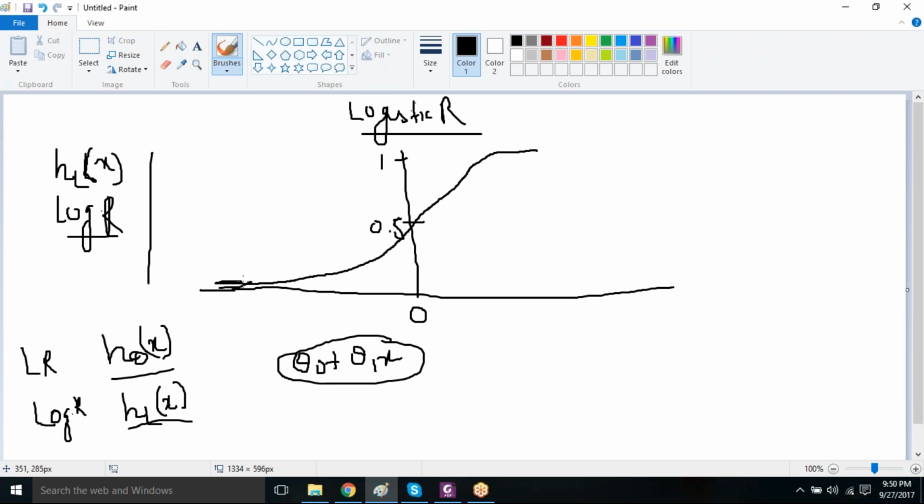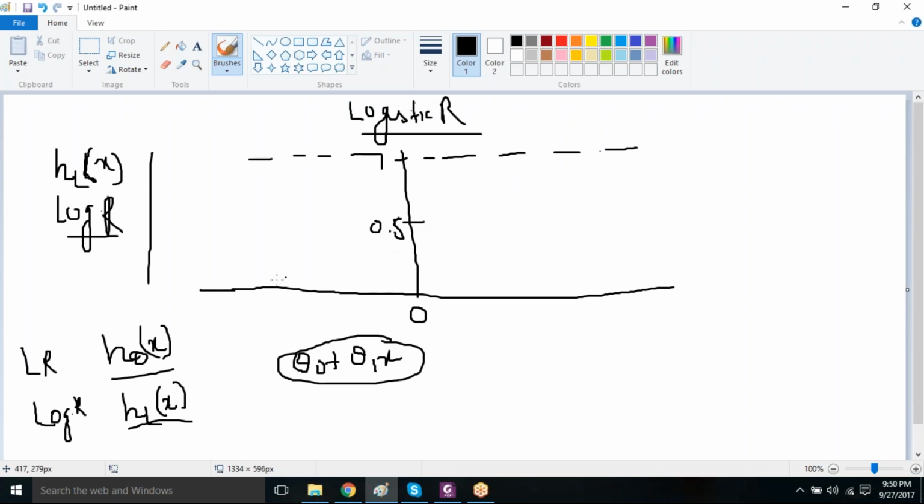Through a function like this. So it will saturate at 1, it will never go beyond 1, it will be something like this. So this is basically your 1 and this is your 0.